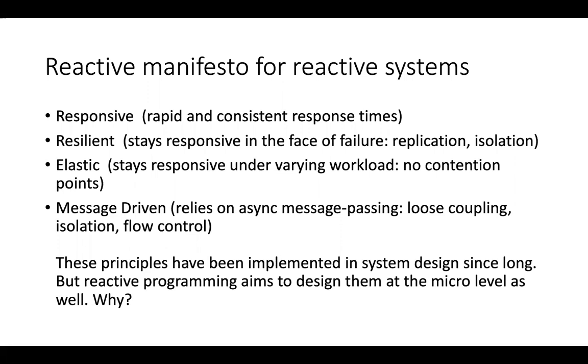achieve these things. So responsive, what this means is that we should ensure rapid and consistent response times. There should be a predictable way in which our system is giving us responses. That is the very first and probably the most important.